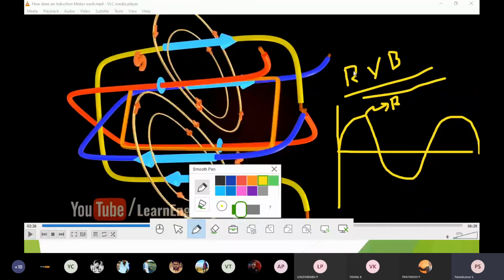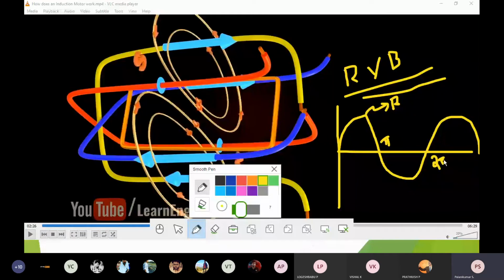I'm taking this as a reference. When it completes a full rotation, this is 180 and this is another 180, that is 360 degrees. In terms of angle, this will be 90, this will be equal to pi, this will be equal to 2 pi.